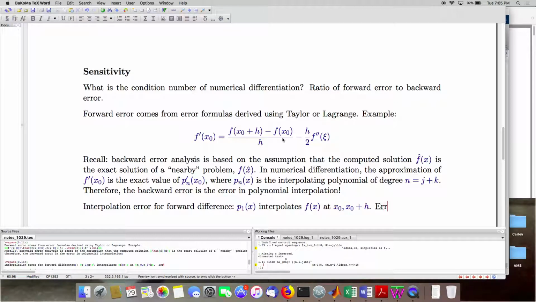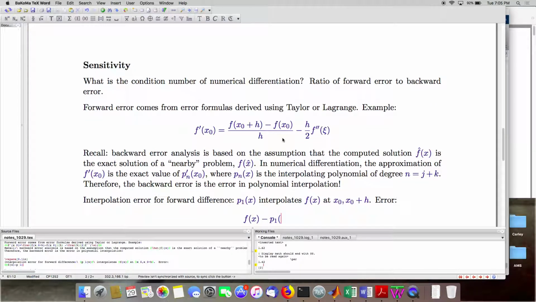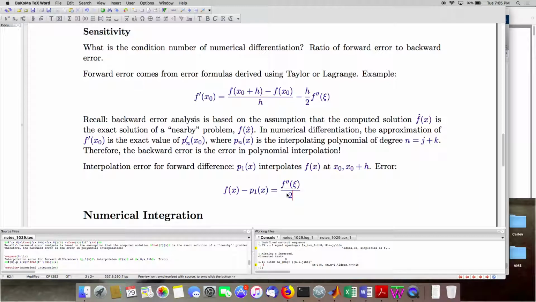So the error is going to be f of x minus p1 of x. Now I'm using the interpolating error formula. So that's second derivative over 2 times x minus x0 and then x minus x0 plus h.